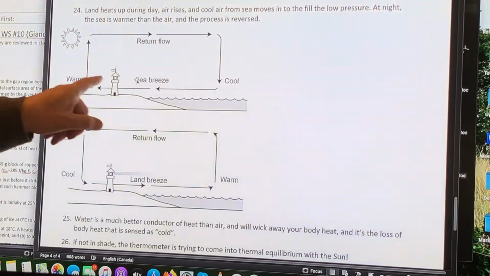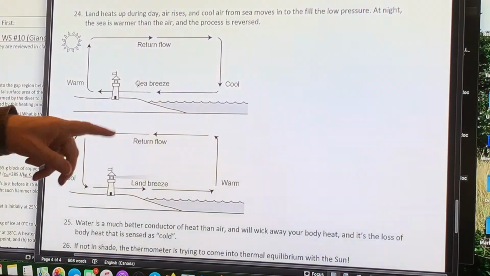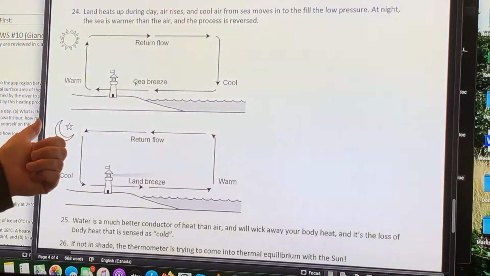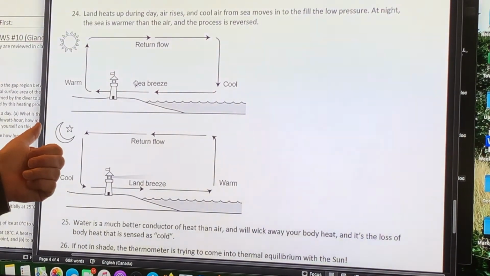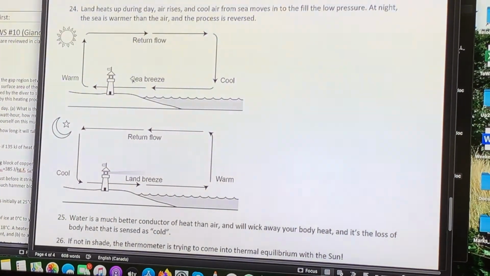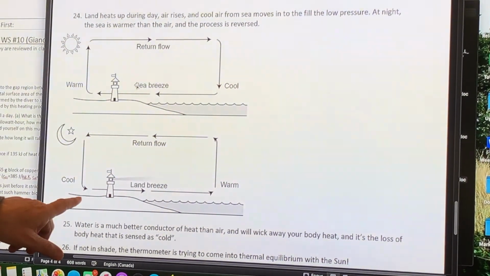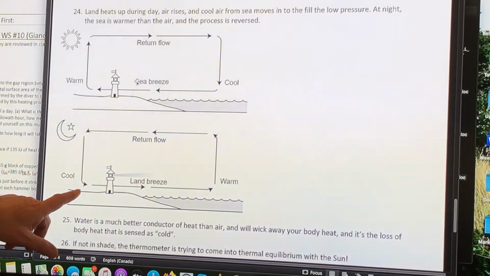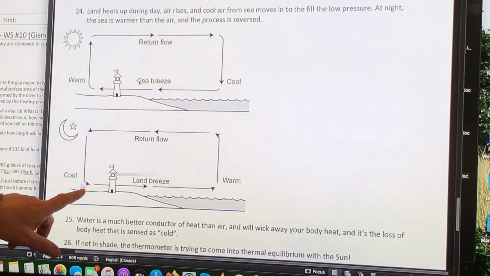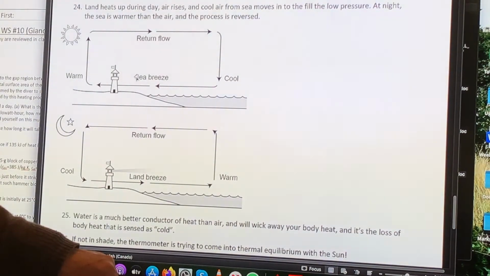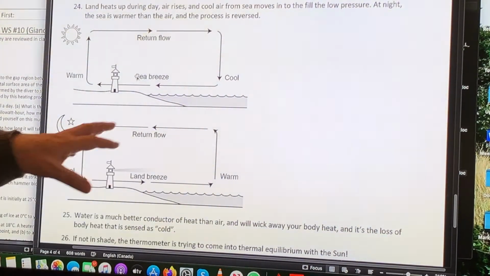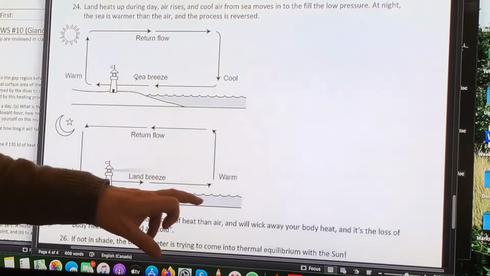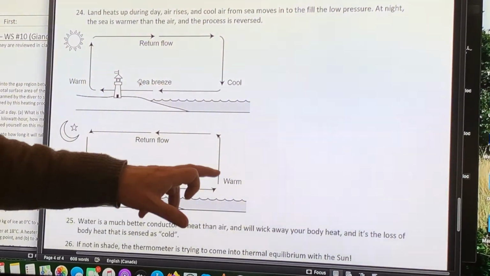And so we get this circulation pattern, and if I'm standing here, I feel a breeze coming in during the daytime. Now, at nighttime, what happens? Well, if this radiates out to space, it cools down very quickly, has a low specific heat capacity, whereas the ocean stays warm. So now the ocean is warmer than the surrounding air, and the ocean warms the air, that air rises up.